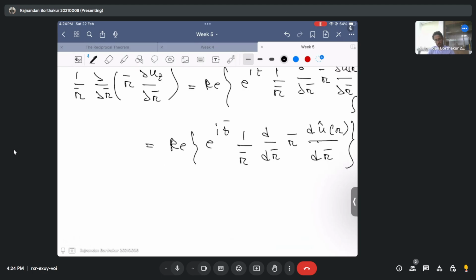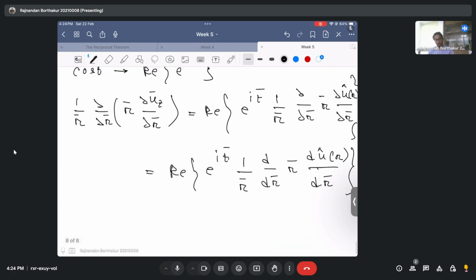Once we are done with substituting the individual terms, let's write the governing equations.